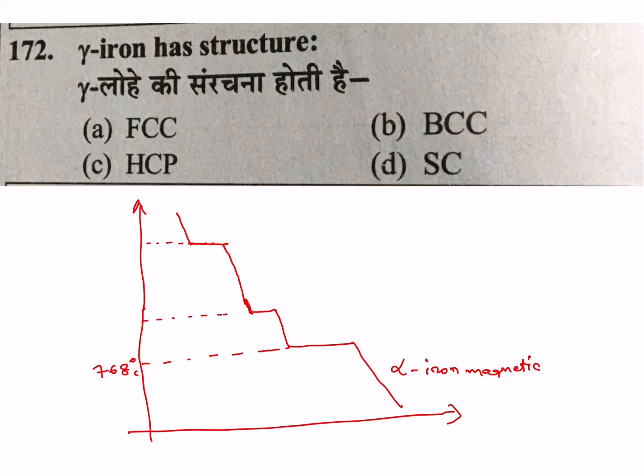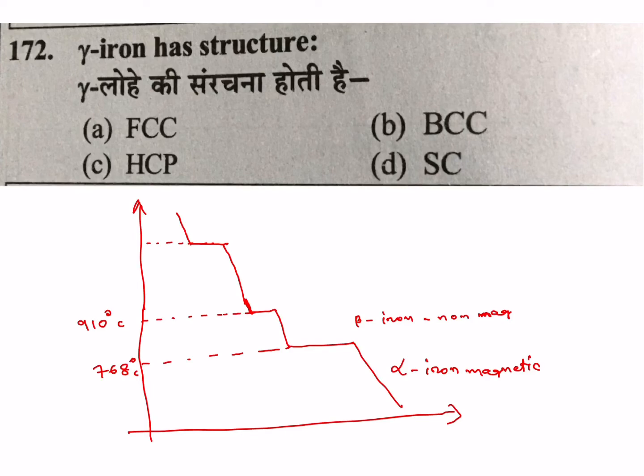Then up to 910 degrees Celsius, beta iron, non-magnetic. At the Curie point, your magnetic properties will change.